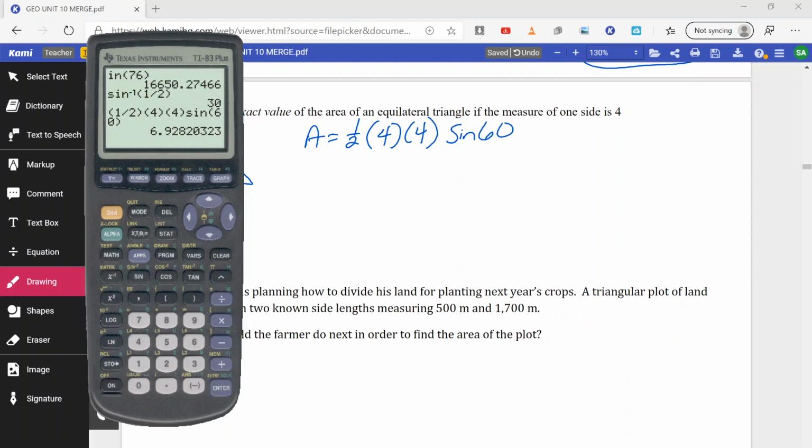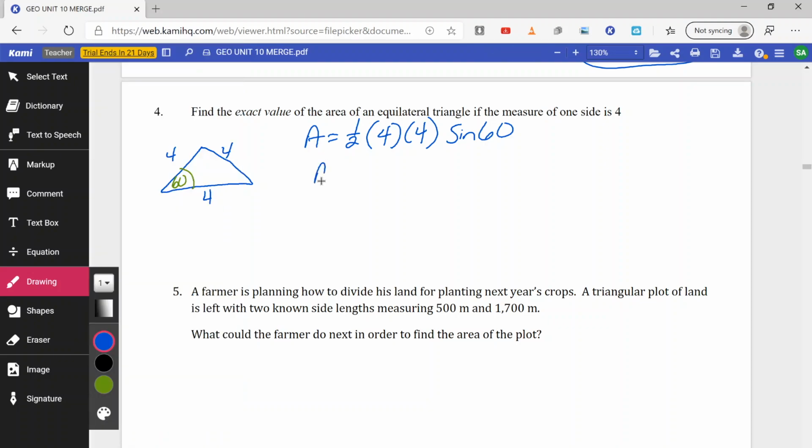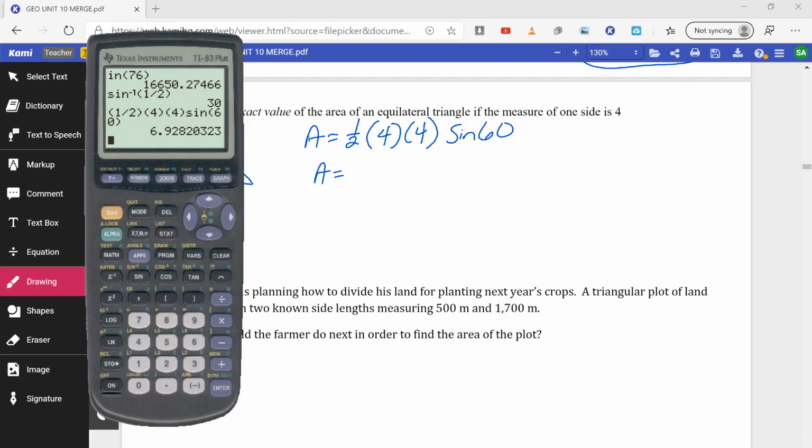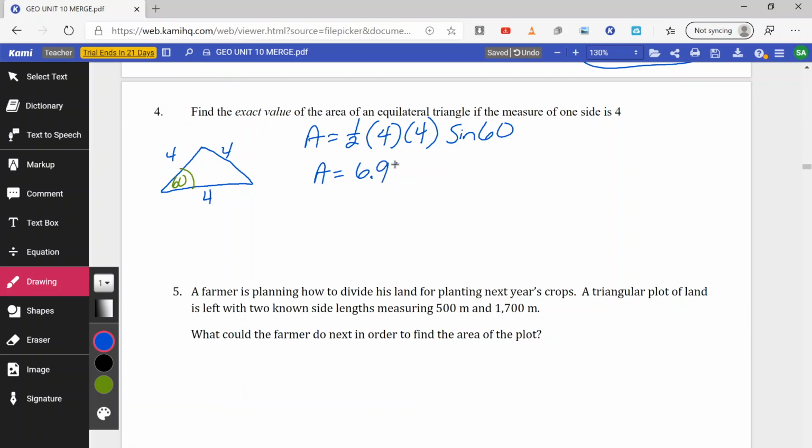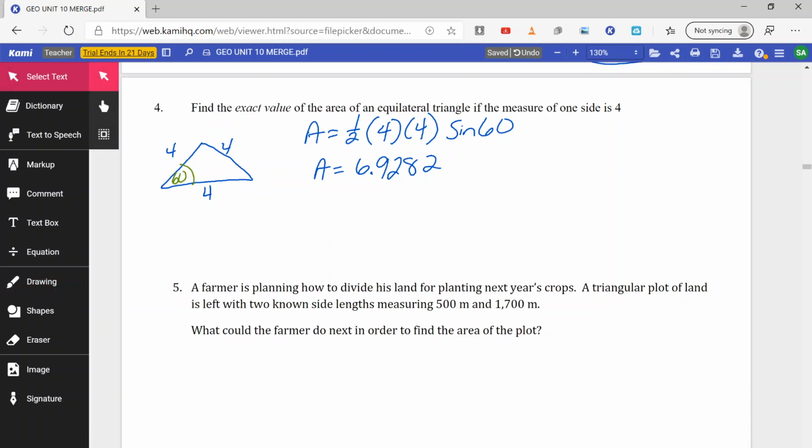And we get 6.9282033. So anytime we're dealing with trig, we tend to round after 4 decimals. So our area is going to be 6.9282. And that would be the exact value that we use.